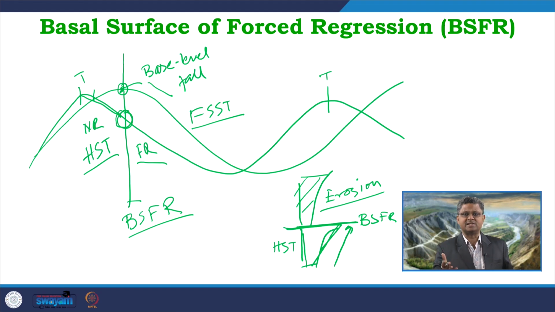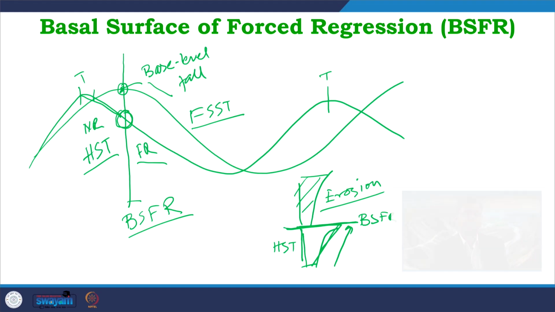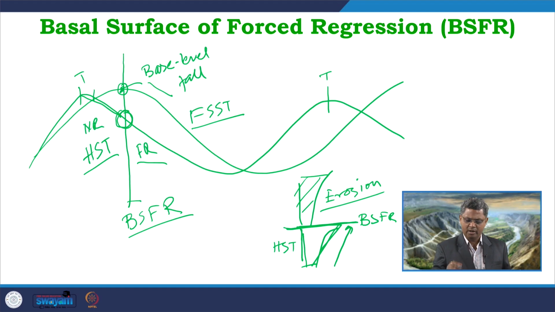In such cases, instead of BSFR we will get a subaerial unconformity, which we have already discussed in our previous class. So, for the preservation of BSFR, we require deposition, which we commonly term the falling stage systems tract, a coarsening upward succession.